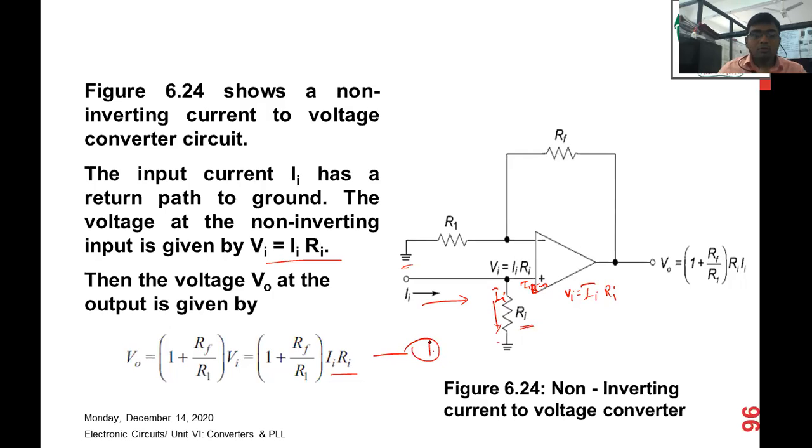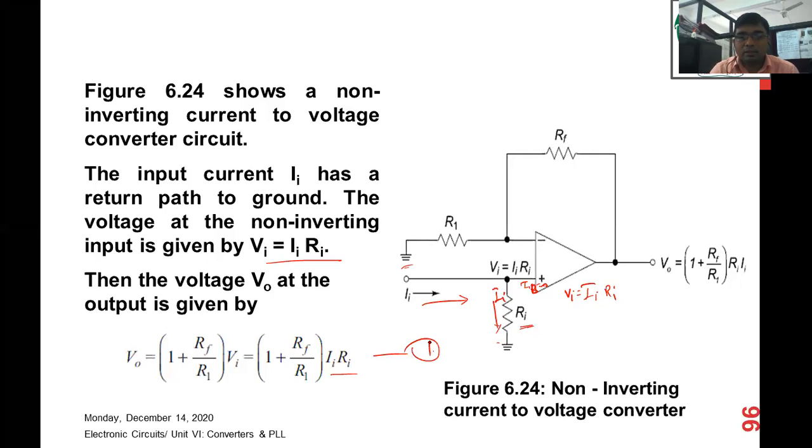So this is the equation for this configuration. The output voltage is proportional to the input current, so it is called a current to voltage converter. If you know the value of the input current, you can find the output voltage. These are the two simple configurations that we have seen.